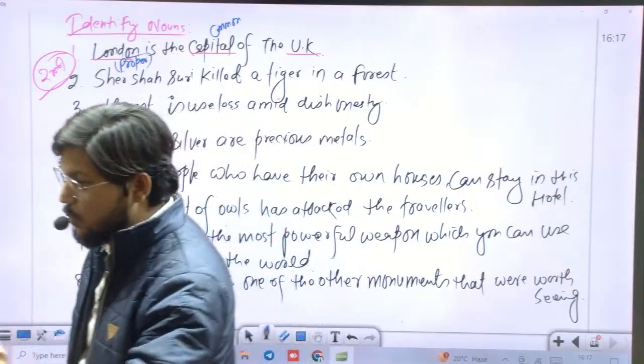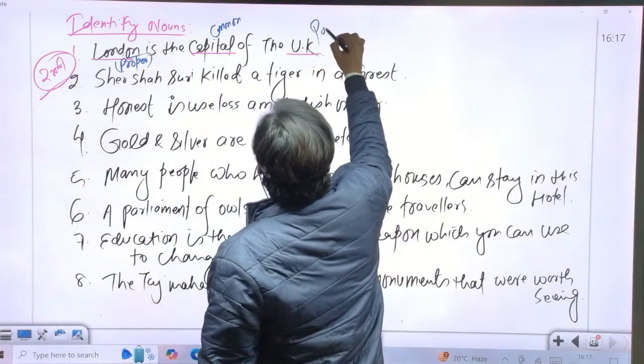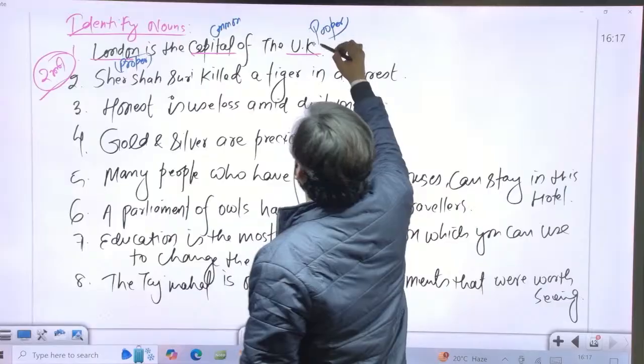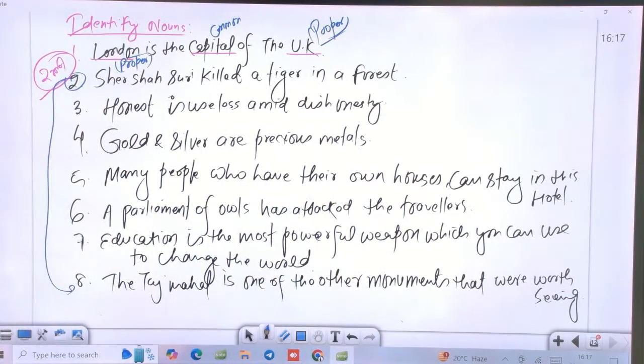I just taught you one distinguishing rule: if you can make the plural of any noun, it will be your common noun. If you can't, that will be your proper noun. And UK is your proper noun. Note down. Now question number 2 to 8, do it by yourself.